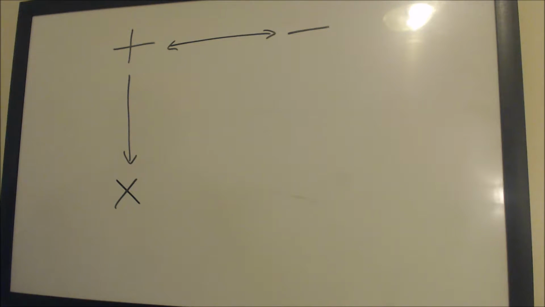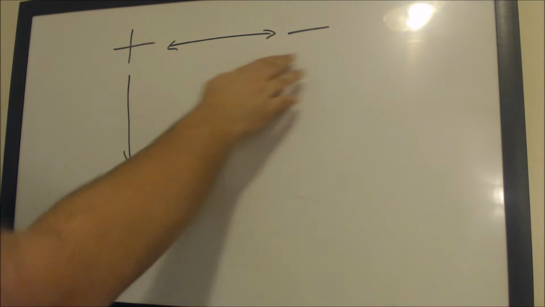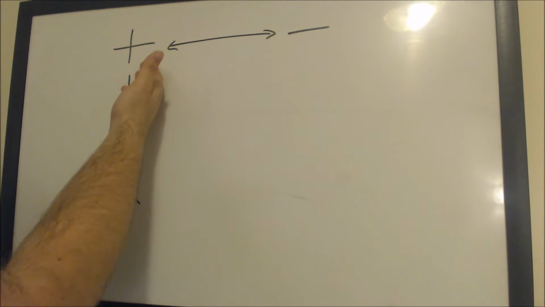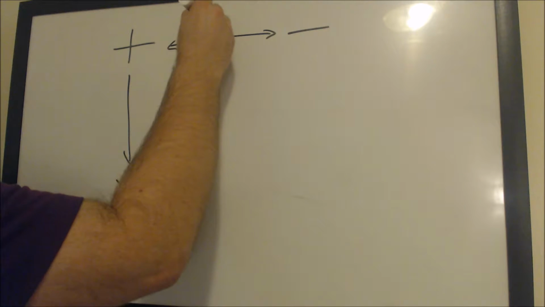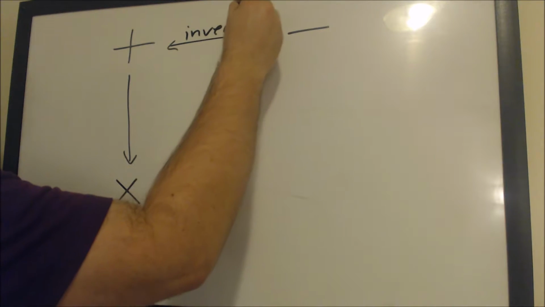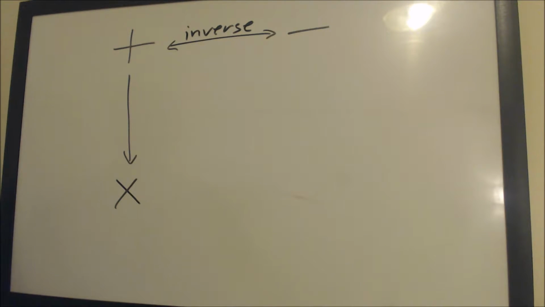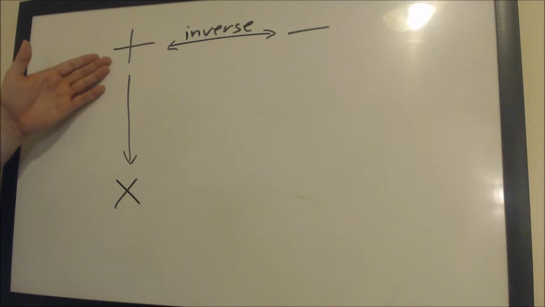To understand how we can interpret division as addition, let's review what we've seen so far. We know that subtraction is the inverse of addition. They undo each other. We also know that multiplication is repeated addition.